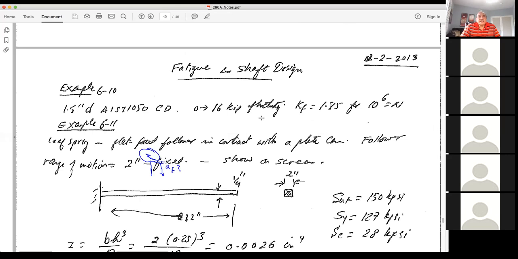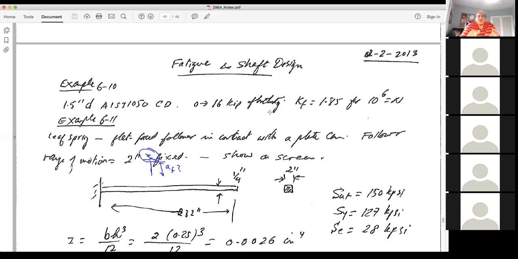So that's where we are in our calculations. Next time, I'm going to cover a little bit more on fatigue and shaft design, because we are shifting from this week to the next week. We're going to be talking more about shafts and how they're connected to fatigue.